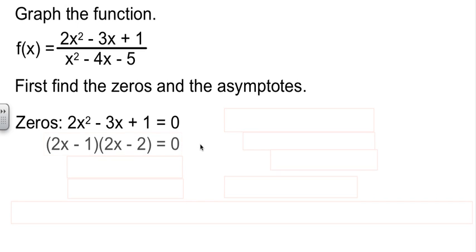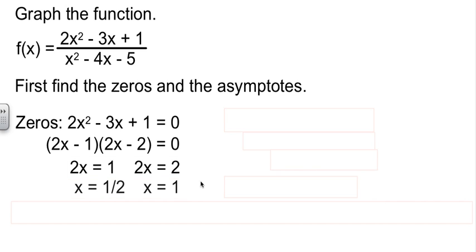Well, that's something we know how to factor, or set each one up. So those are our zeros. Okay. Yes, I know this doesn't distribute back out to that. Remember, we did the step where we divided out the common factor. I just left that step out here because it wasn't going to matter. So we have our two zeros. That's going to put 2 points on our graph.